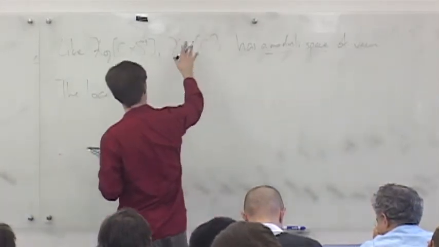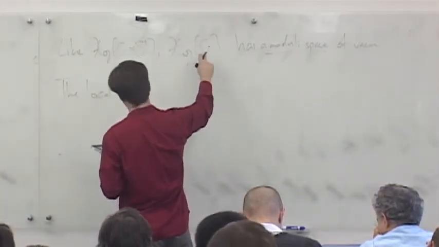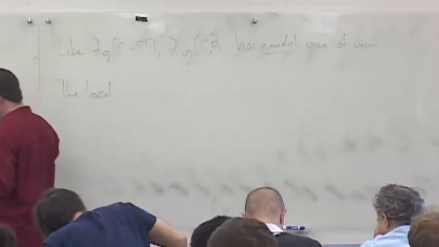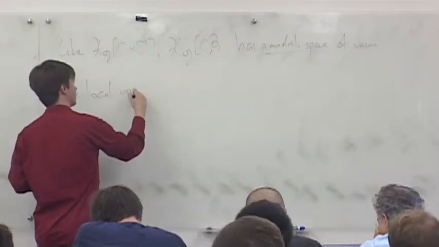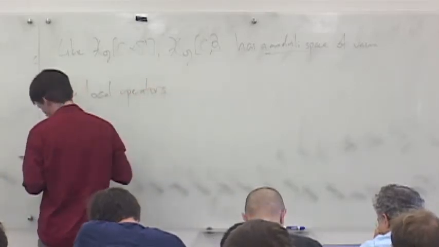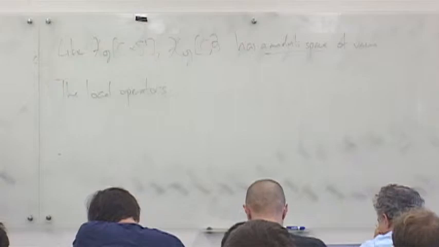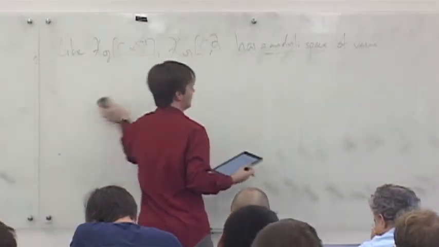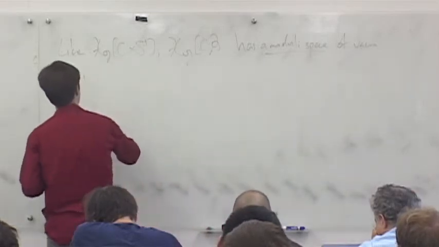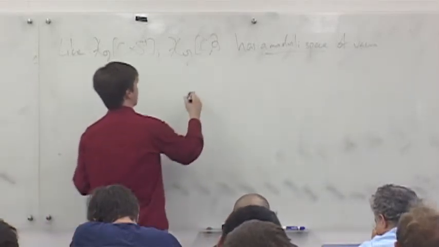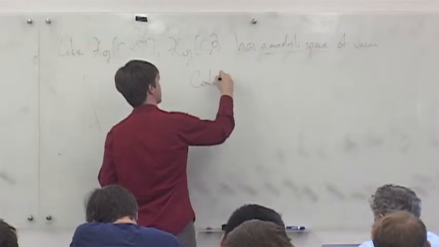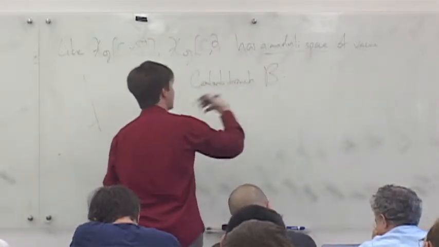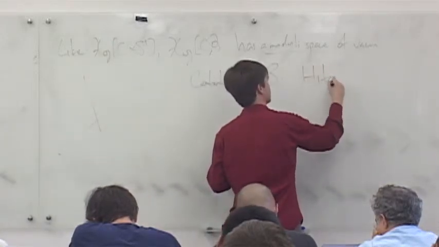Take theory X with a Lie algebra G on a Riemann surface C. Again, it's going to have a bunch of branches. I want to focus on one branch, the Coulomb branch. And what it is simply the Hitchin base of C.